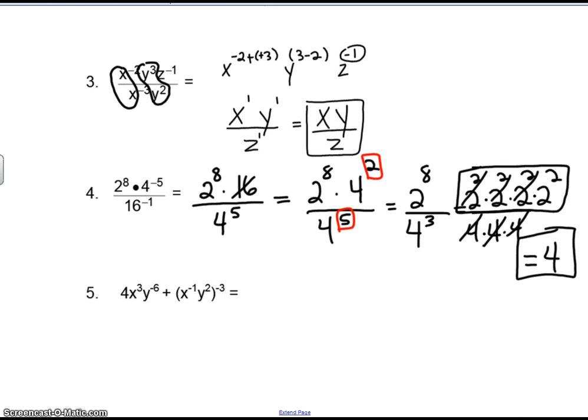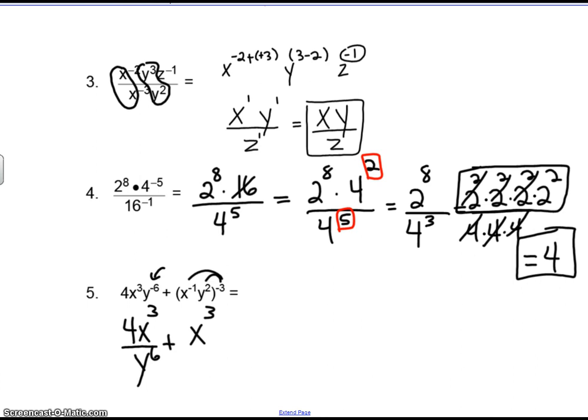Okay, on number 5, all we need to do is rearrange according to the exponents. I have 4x cubed over y to the 6th power. Since it was negative, I took the reciprocal on that one. And then each one of these is going to be multiplied times negative 3. So negative 1 times negative 3 is positive 3.